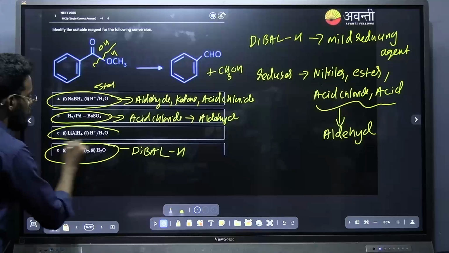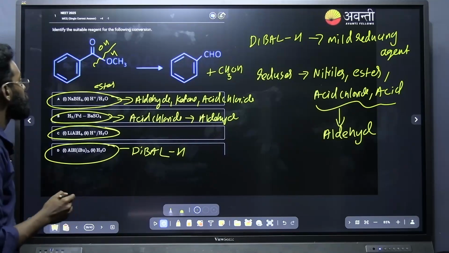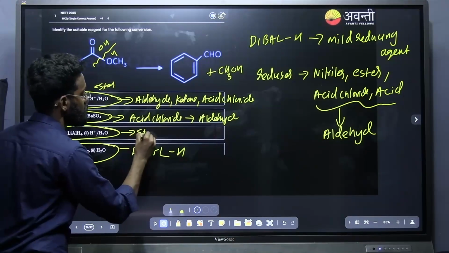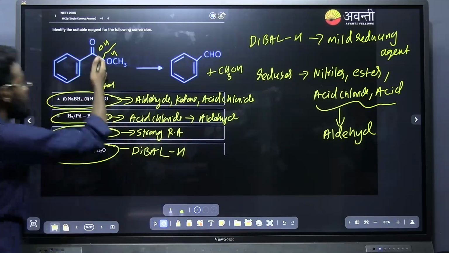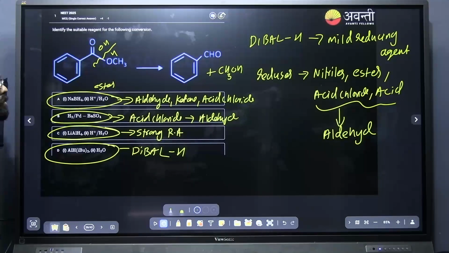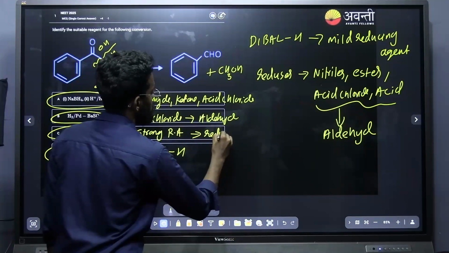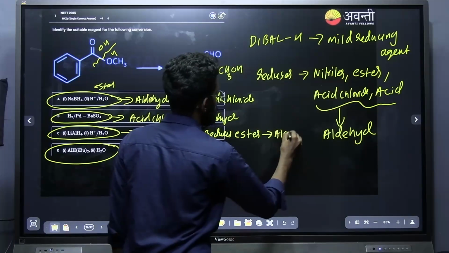What about this one, lithium aluminum hydride? What will it be doing? Reduction, and it is a strong reducing agent. It will reduce ester to alcohol.